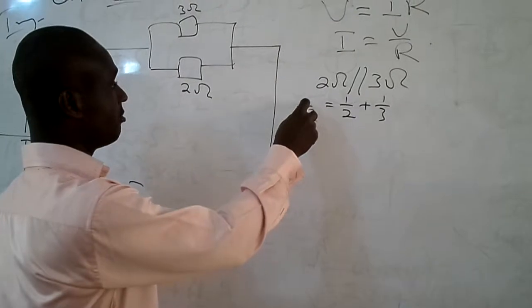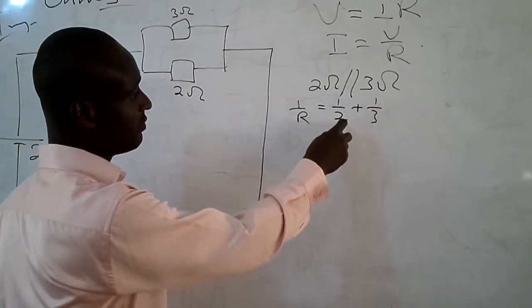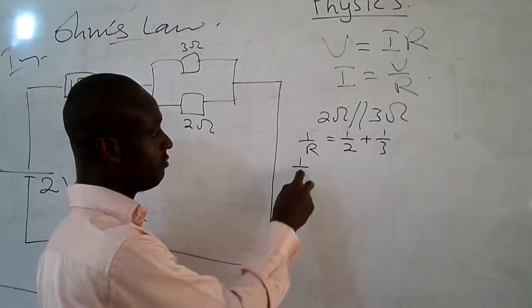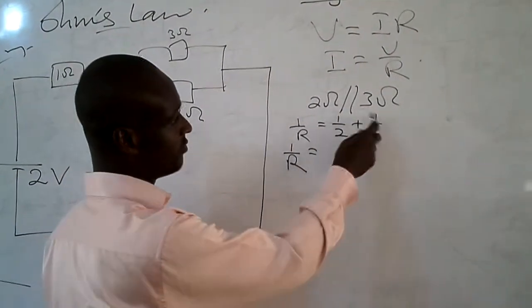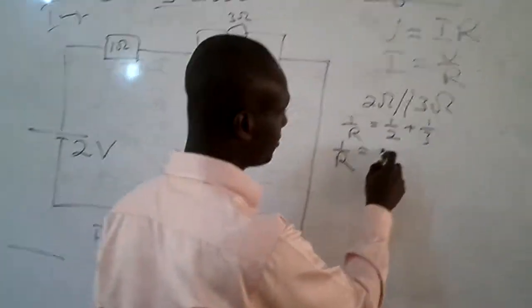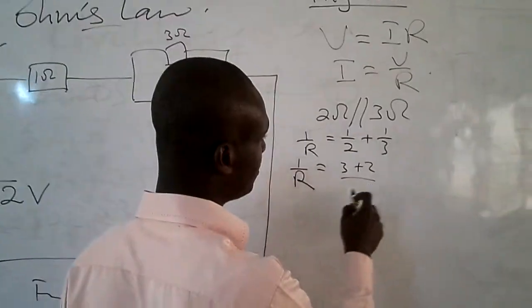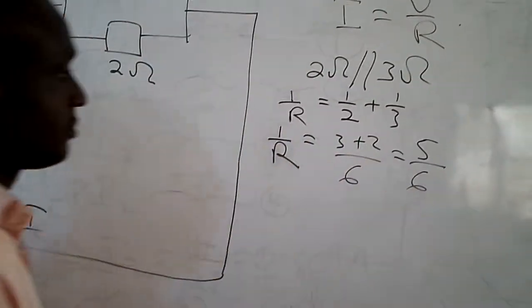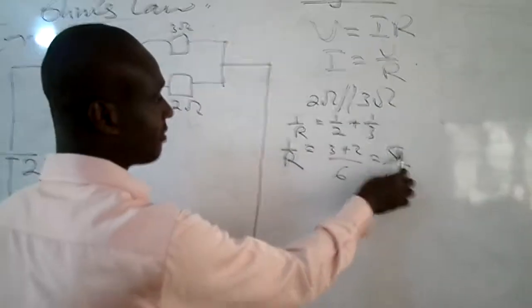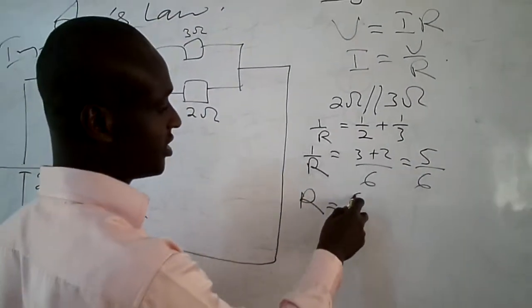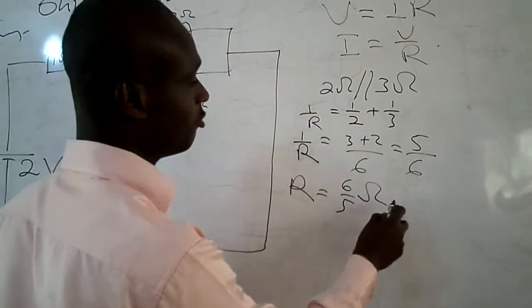So 1 over R will be equal to 1 over 2 plus 1 over 3. If we simplify this fraction, we have 3 plus 2 over 6, which will give you 5 over 6. And if you solve for R in this equation, R will be equal to 6 over 5 ohms.